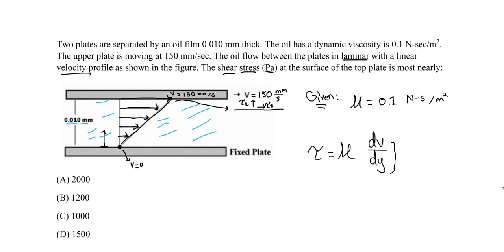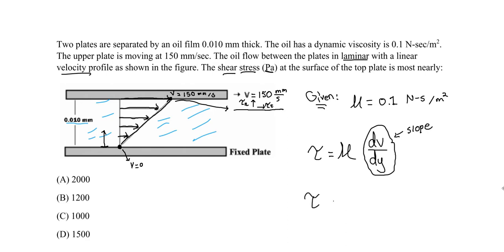Again, you can think of this as the slope. It's called the velocity gradient. This is saying as we move up in the y direction, our velocity is going to change. It's the slope of that line at any point. And essentially, they tell us at the surface. We know the shear stress is not going to change, so it's going to be the same at every point as we move in a linear fashion.